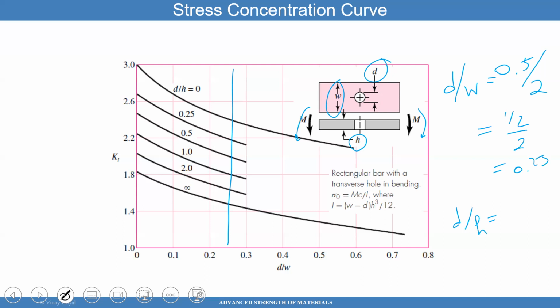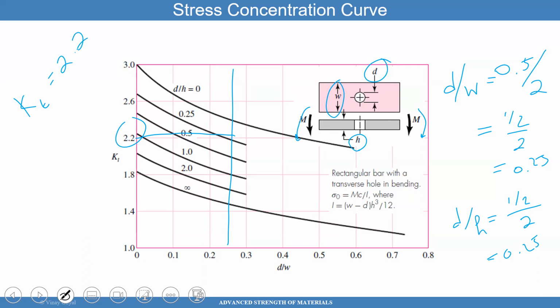Then I have a D of 1/2, because I said the diameter will be 1/2. And say H is also 2 inch to make it easy for me. This is 0.25. Then I'll see where it intersects here. Then that's my stress concentration. And KT then in this case becomes 2.2.